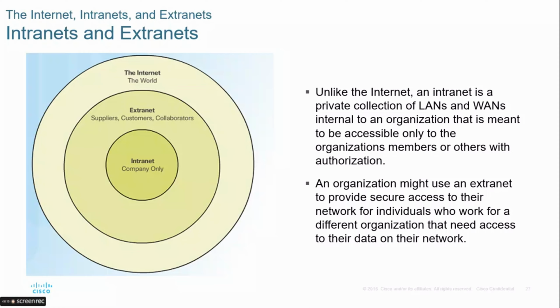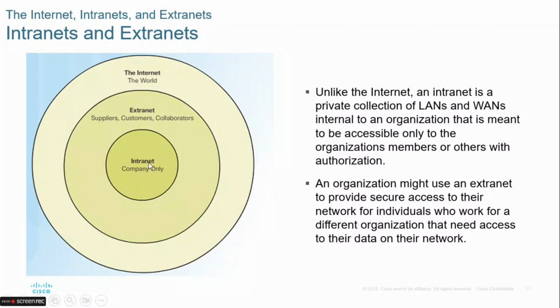In a big organization, a network can be divided depending on the users or the type of user that is going to use it. This is a company network. So this is an internal network, for usage within the company only.